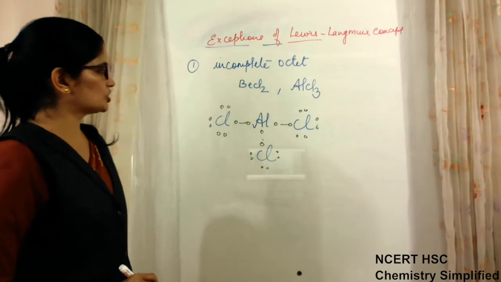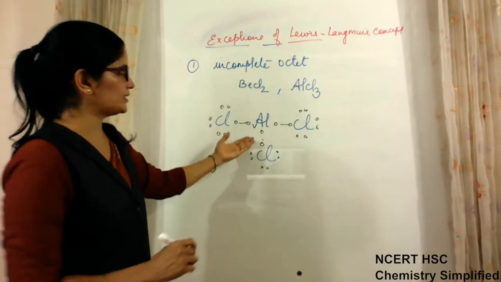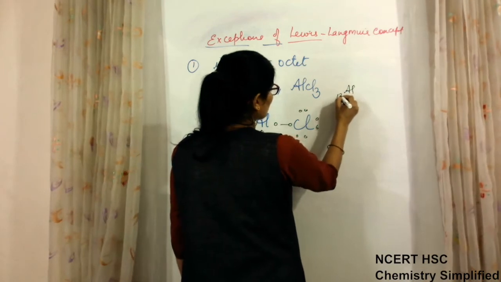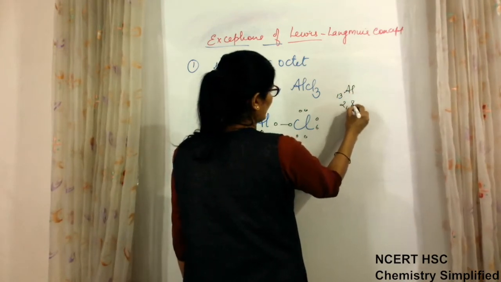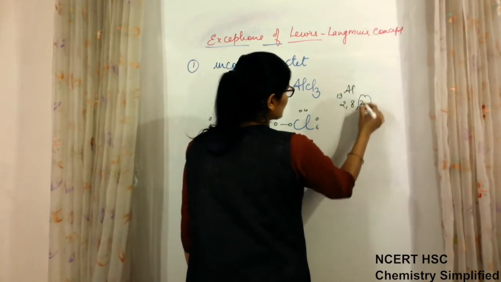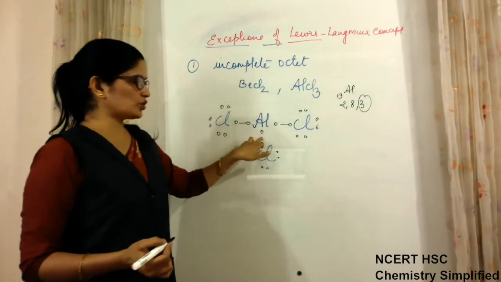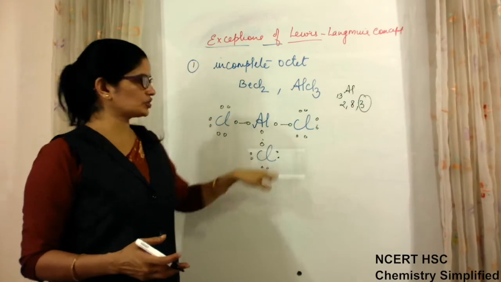This was the structure for AlCl3. How did we make it? Aluminium has atomic number 13, distribution 2, 8 and 3. So valence electrons are 3.